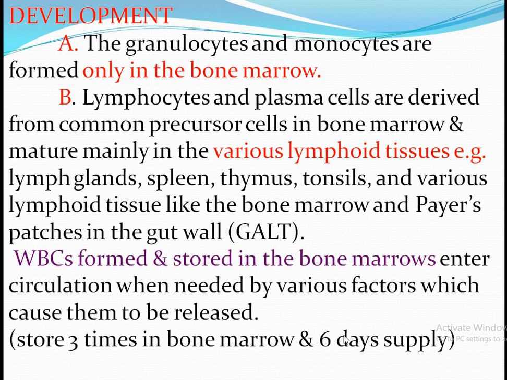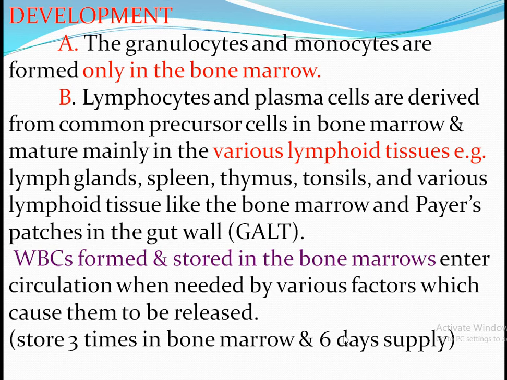WBC are formed and stored in bone marrow, and enter circulation when needed, released by various factors. And which type of factors? It may be the infectious agent which invades the tissue, so some of the WBC already present nearby the infected site attack the infectious agent, and some are mobile and present inside the blood vessel and only come to the infectious site when needed.